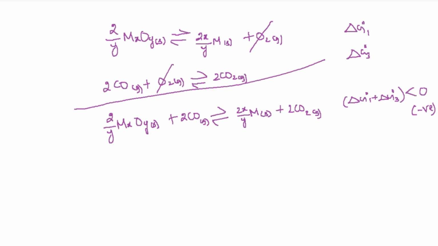In constructing Ellingham diagram, it is assumed that the metal oxide formation reactions, the formation of oxides of elements, are in equilibrium. The reaction between an element and oxygen to form the oxide of the element is assumed to be in equilibrium in the construction of Ellingham diagram.